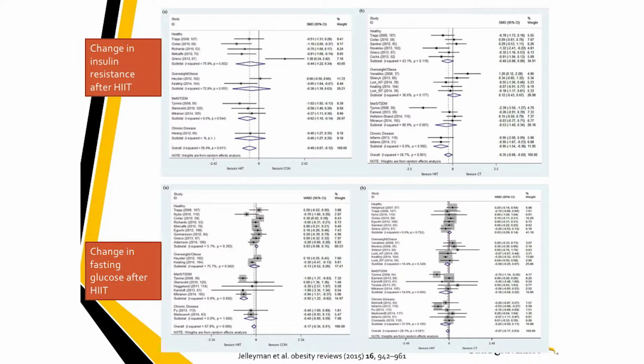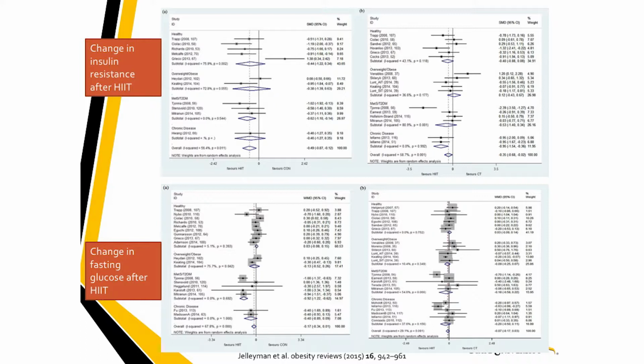In the top left, you have changes in insulin resistance after high-intensity interval training. Most of the studies are on the left-hand side, which favor high-intensity interval training, telling you it has a significant effect. In every study they looked at, high-intensity interval training had a larger effect on insulin sensitivity than continuous exercise.